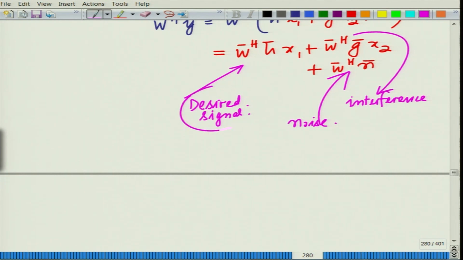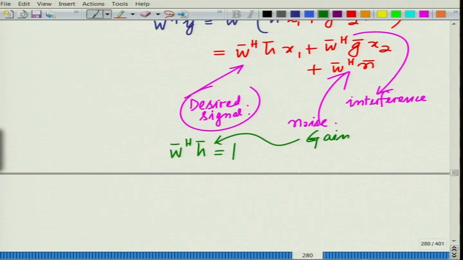For the desired signal, what we are going to do is we are going to set W bar Hermitian h bar equal to 1. So, this implies that the gain of the desired signal equals unity. Okay. So, we are fixing the gain of the desired signal to be unity.